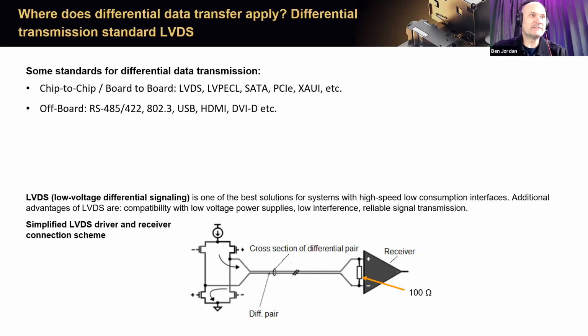And again, it depends on what signaling standard you're using. If you are doing something else like LVPECL, then the input devices of the receiver chip may have enough of a load to be self-terminated. And of course, there are other newer technologies now, like we have with DDR memory chips.